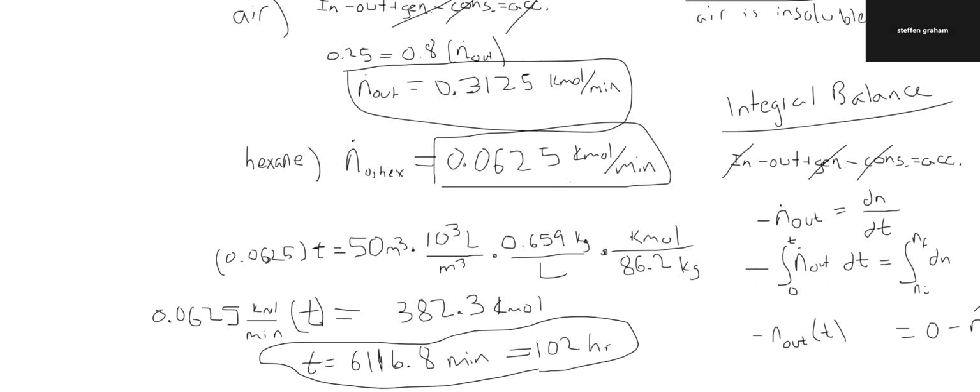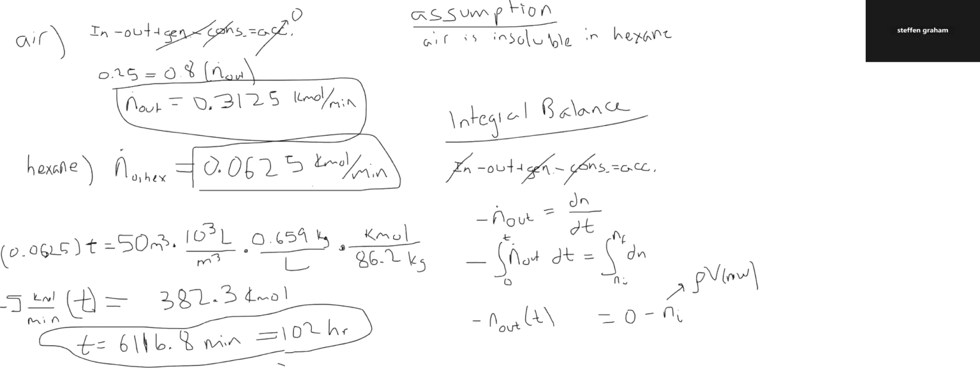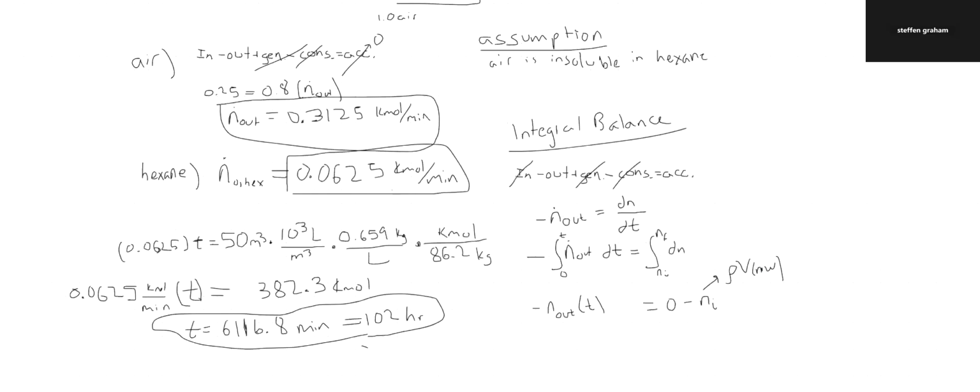Now remember, what we did here for hexane was an integral balance, because it's kind of like a batch process that we were talking about here, at least in terms of hexane. We had an accumulation term, and we were solving for time.